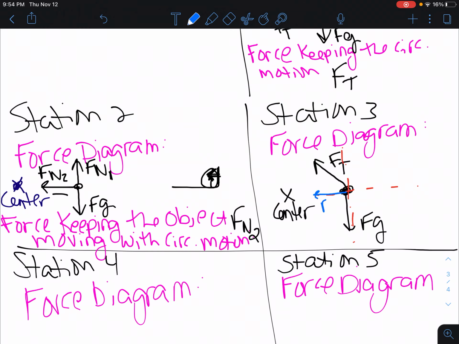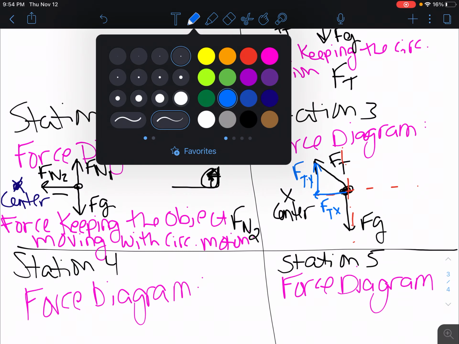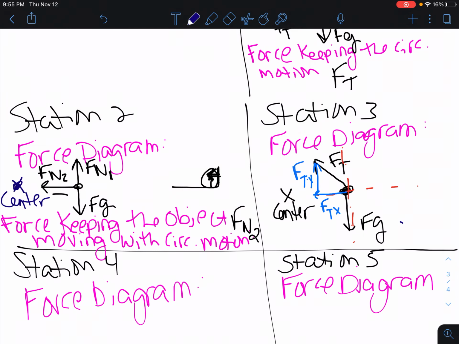I have a horizontal component for the tension force and a vertical component for the tension force. So my force that's keeping it in a circle is not going to be the overall tension force this time, but the horizontal component is what keeps the cow going in a circle.